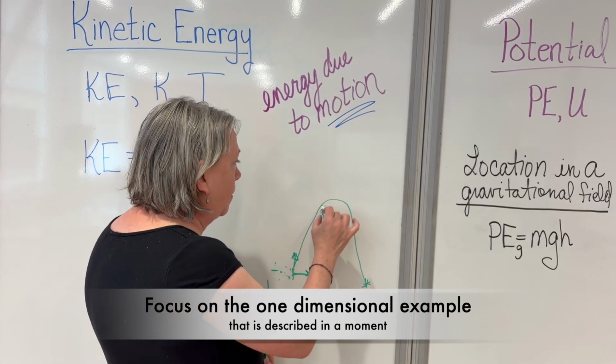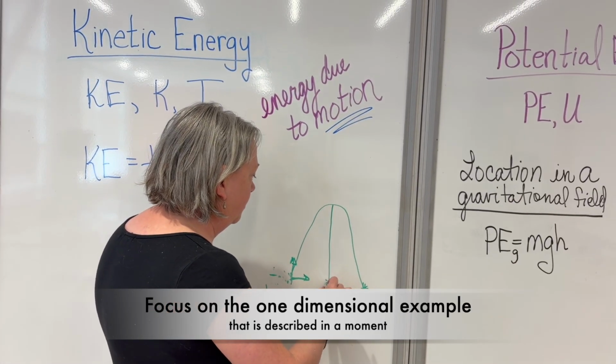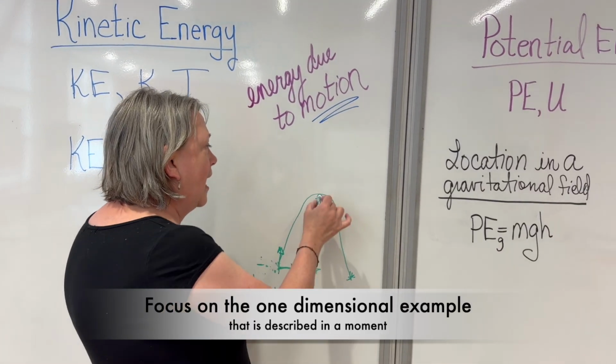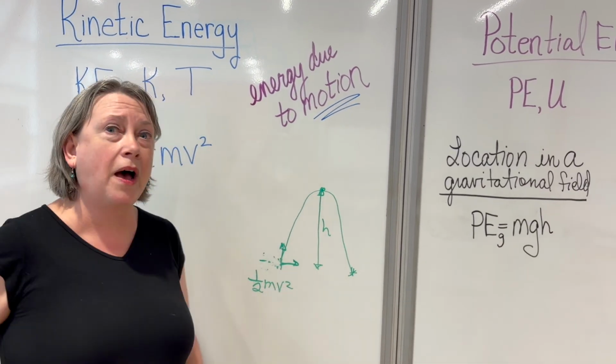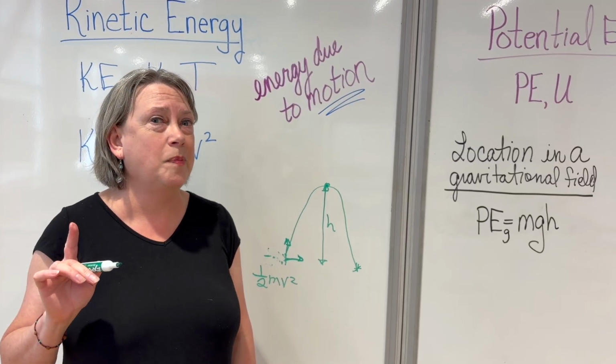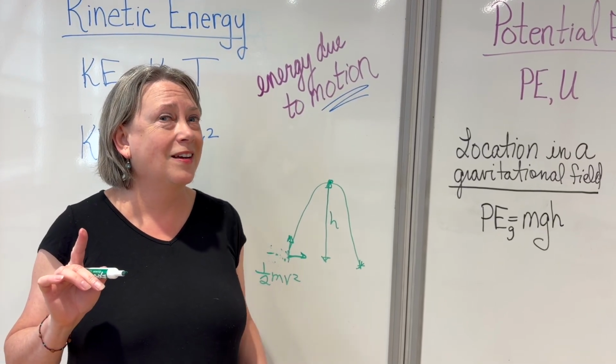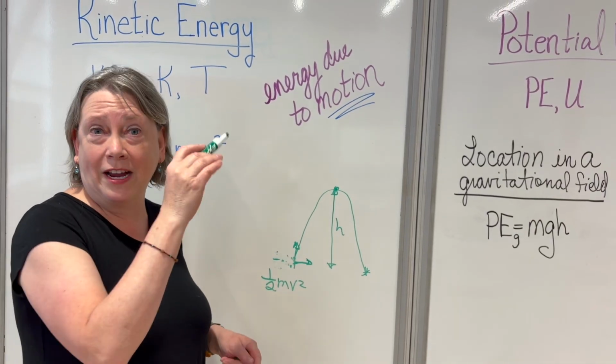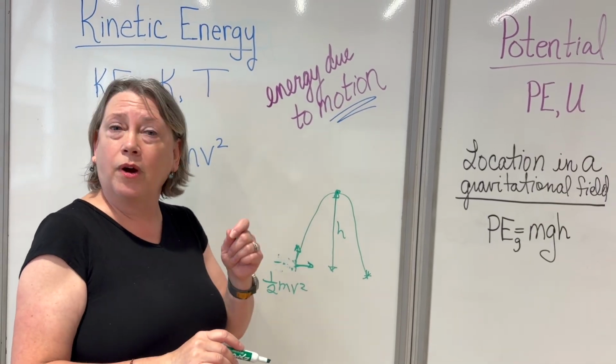It's gonna go up, up, up, up, up to some height h, and at this top spot, what do we remember about the speed up there? Its speed in the y direction is going to be 0.